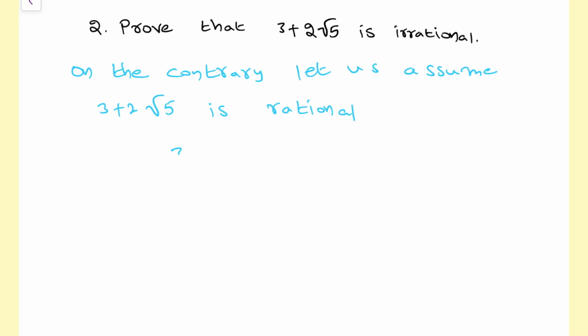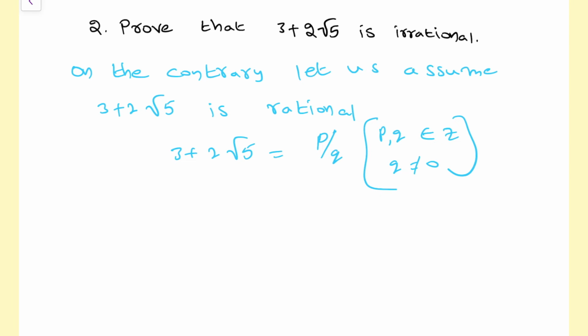So 3 plus 2 root 5 equals a by b, or else p by q. The conditions are p comma q belong to integers, q not equal to 0, and p comma q are co-primes.